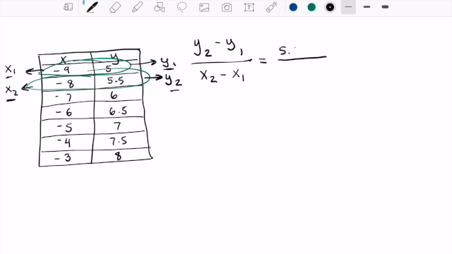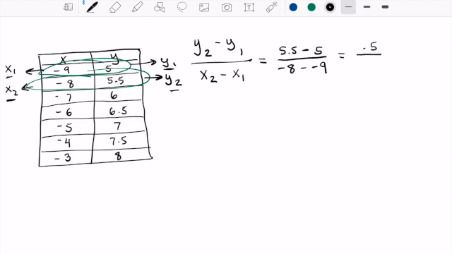y2 is 5.5 minus my y1 is 5. My x2 is negative 8. My x1 is negative 9. And so now we're going to simplify. 5.5 minus 5 gives me 0.5. Negative 8 minus negative 9.